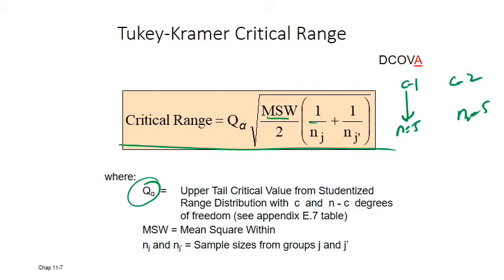If we have a different number of values, we put them here differently, but in our case it is 5 and 5 in both cases. Q alpha is the upper tail critical value from the studentized range distribution with C and N minus C. You know C is 3, the number of groups, and N is 15, the number of people in the groups.